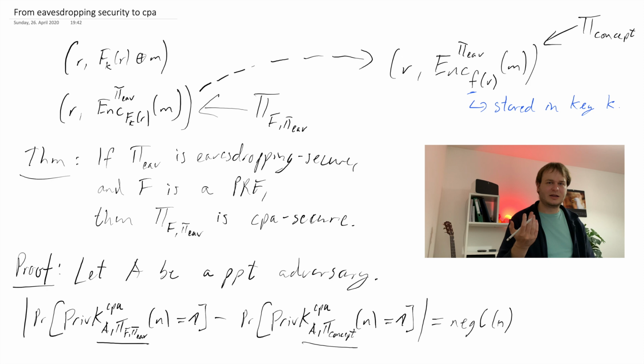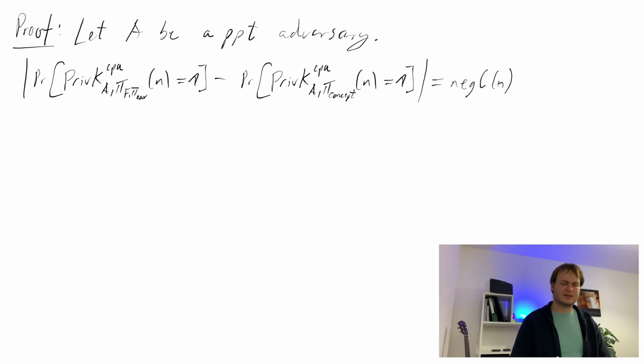Okay, and then the idea will be that this conceptual scheme will be much easier to analyze because there's no pseudorandom function in it anymore. How would we prove something like this? Well, assume that the adversary A was way better here than he was here. And we want to prove that this is not possible, right? Because this distance should be very small.